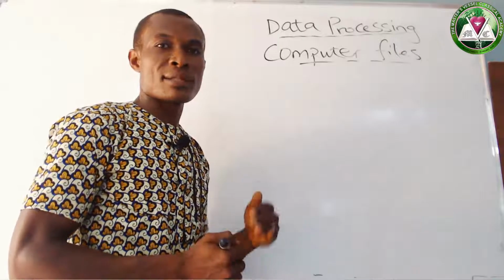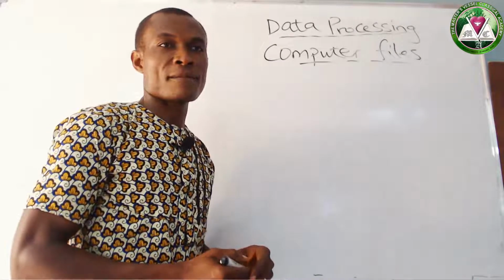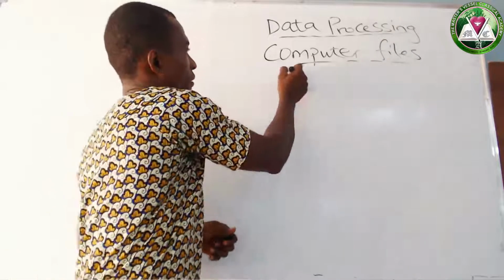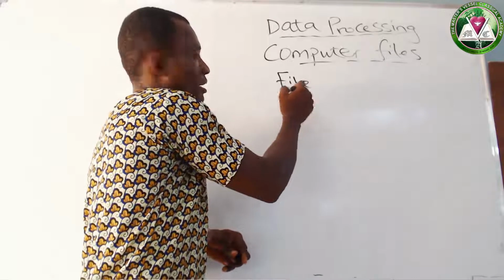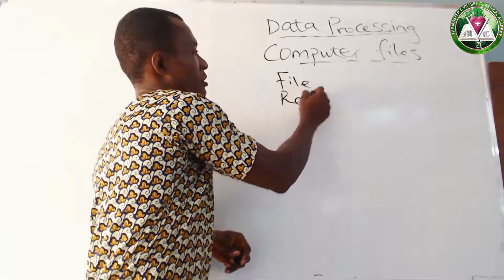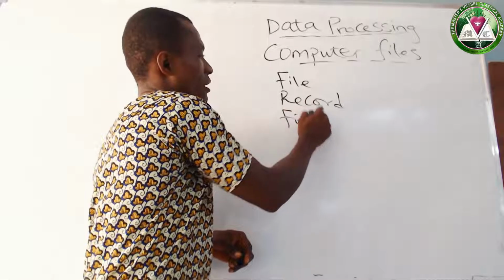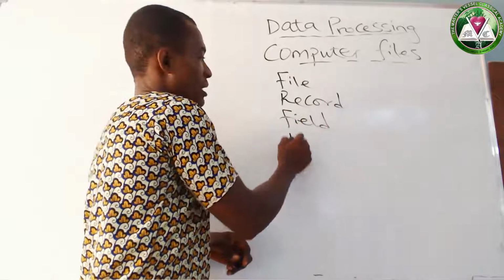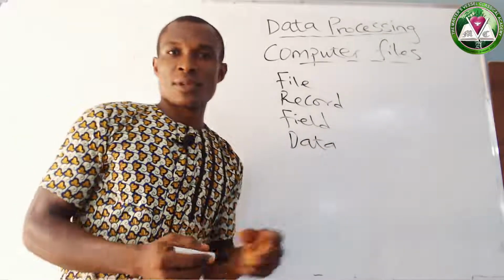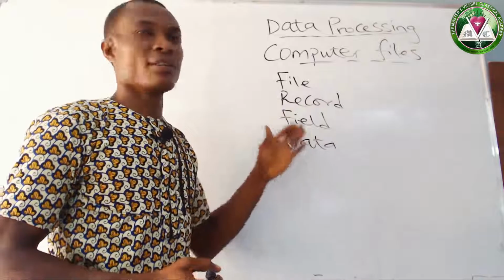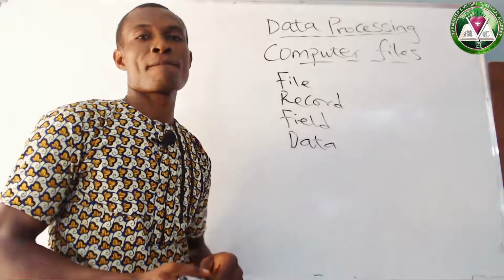Now we are going to look at some elements that make up this file. We look at a file, we look at a record, we look at field, and we look at data.